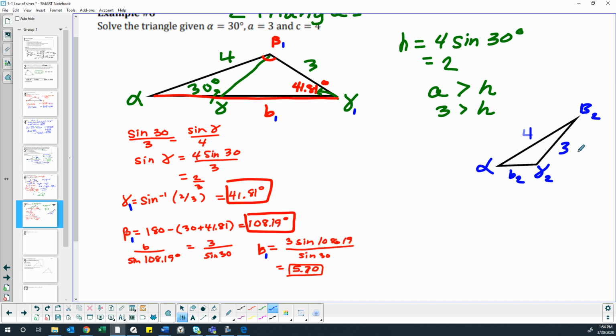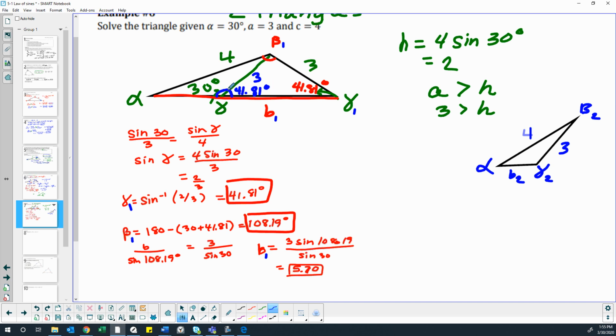Okay, here's the idea behind the second triangle. This is a 3, but this is also a 3 because that side could either go here or it could go here. If we put both triangles in the same picture, then we have an isosceles triangle because this is 3 and that is 3. If this is an isosceles triangle, then that means that this angle would also be 41.81.